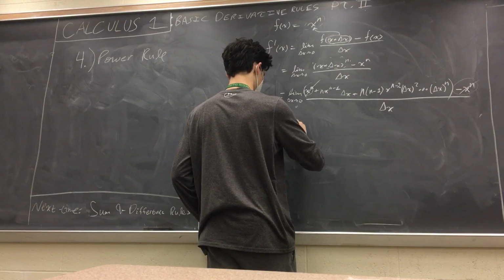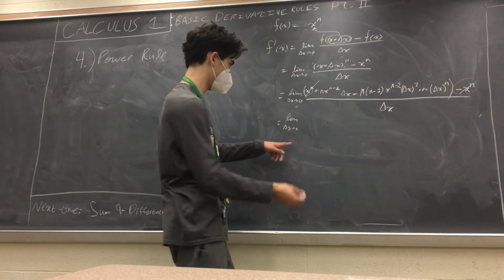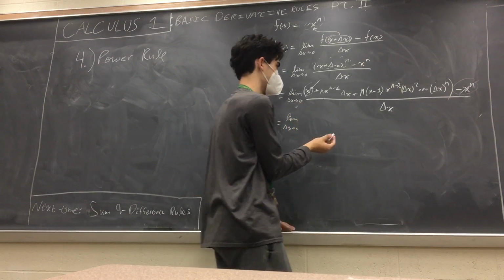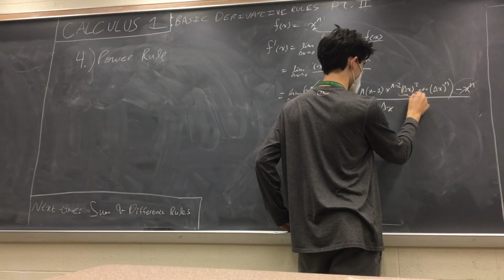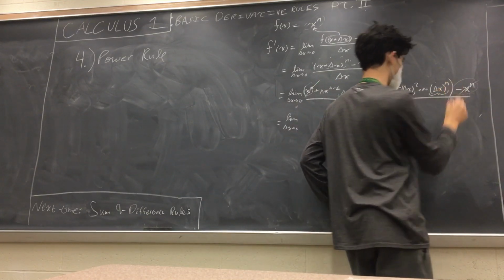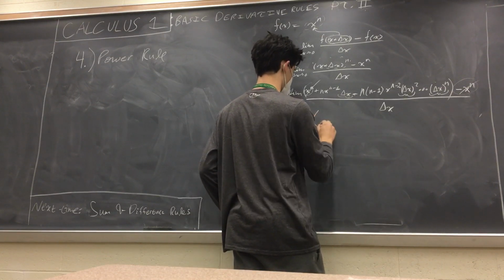So we have the limit as delta x approaches 0. And one more thing I'd like to do before writing it down here is we see that every remaining term has at least one delta x. So I'd like to factor this delta x out to the front.